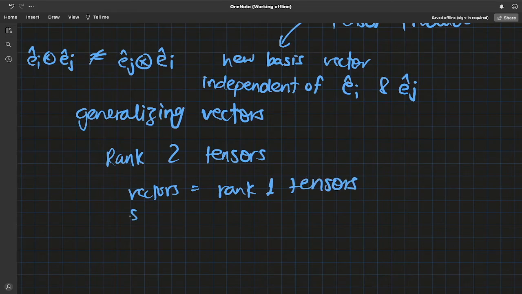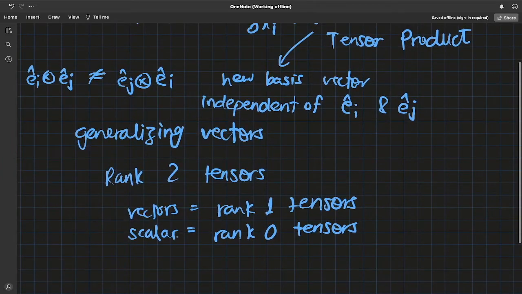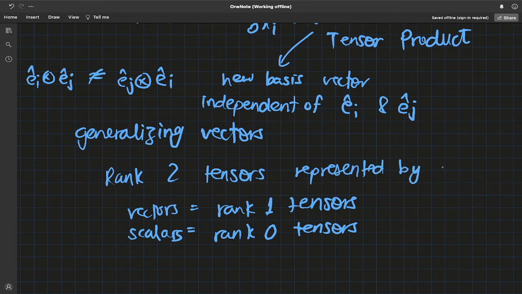And the scalars are rank 0 tensors, having 0 vectors in their bases. So rank 2 tensors can be represented by, you guessed it, matrices.